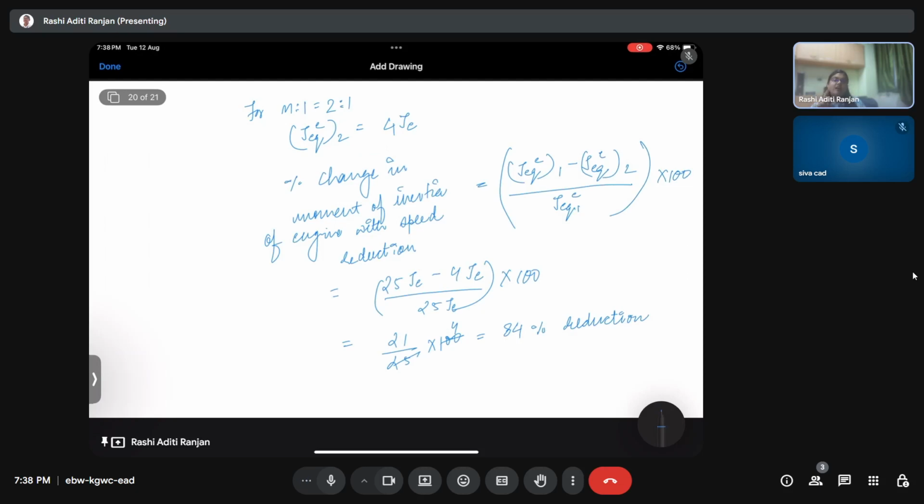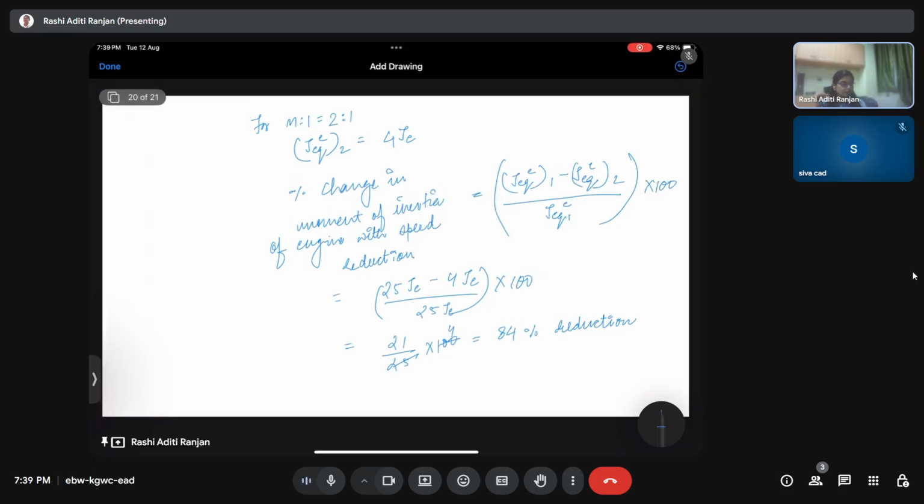Because of that, there is an 84% reduction in the equivalent moment of inertia of the engine. 84%, which is a very large amount, right? So this is what happens. The engine is the same, the generator is the same, but because of the reduction ratio, the equivalent effect has been reduced by 84%. I hope this is clear.